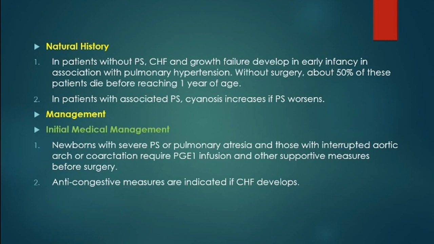Initial medical management of these cases includes prostaglandin E1 infusion in cases with severe pulmonary stenosis, pulmonary atresia, and also in cases with severe coarctation and interrupted aortic arch. In patients with congestive heart failure, anticongestive measures will be required.